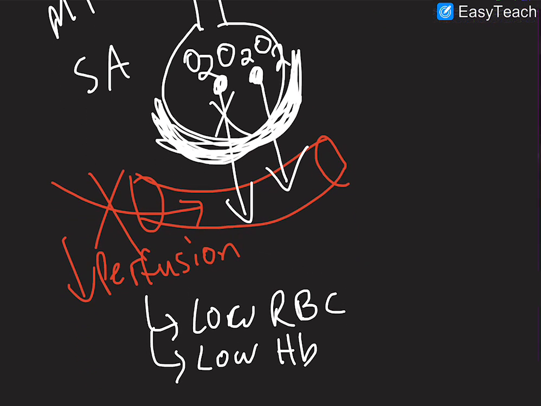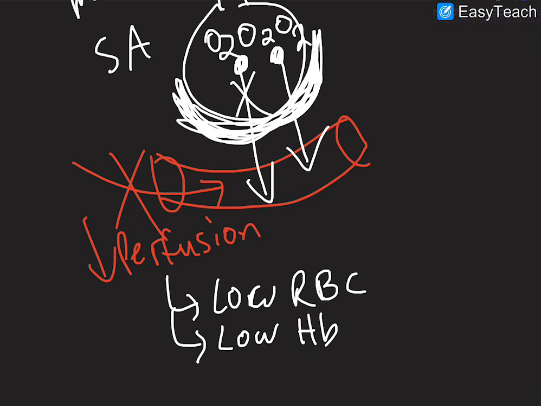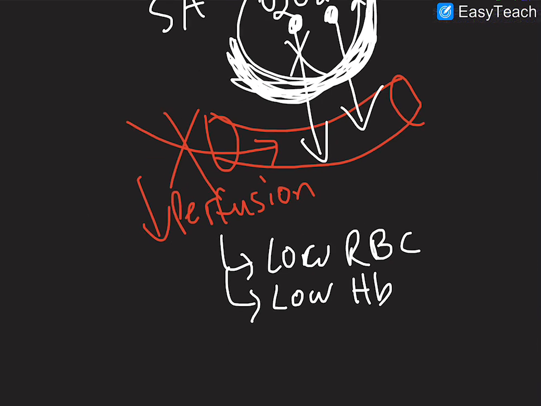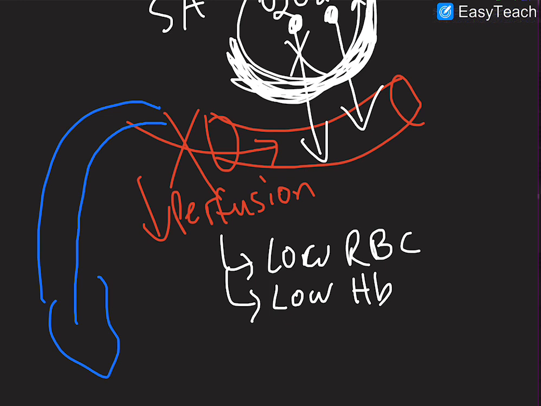And what other conditions can we see low perfusion in? Like for example, what if we have a pulmonary embolism? So remember, let's say there's a clot. If we draw the right side of the heart here, let's say this is your right ventricle, and it's sending blood up to your lungs, let's say through this blood vessel.